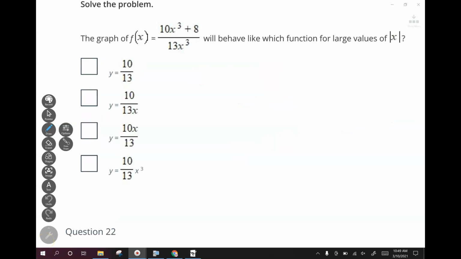Number 21, because you may have not seen this worded this way or thought about it this way, it's asking the graph of f of x will behave like which function for large values of x. So large values of absolute value of x, that's another way of saying the end behavior. And end behavior is what determines your horizontal asymptotes, right?